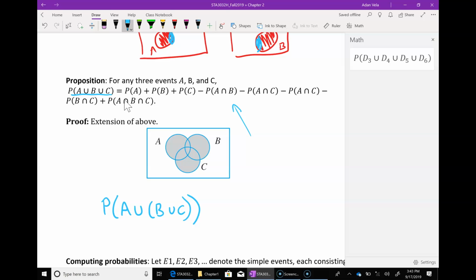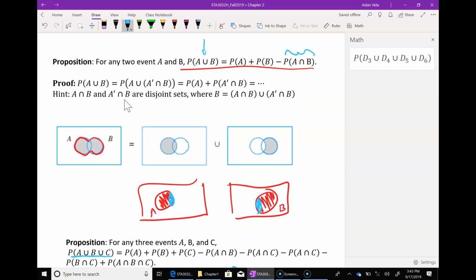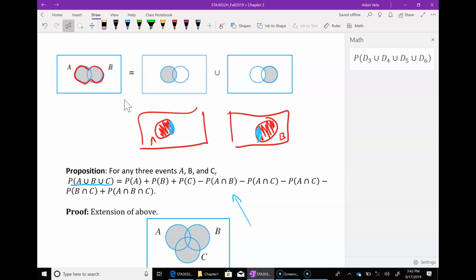A, B, and C. And now you can start by sort of artificially making 2 sets, which is A and then B union C, right? And if you apply that first rule, this rule here multiple times, then you just end up getting the equation that we want. So it's just an extension of what we already know.